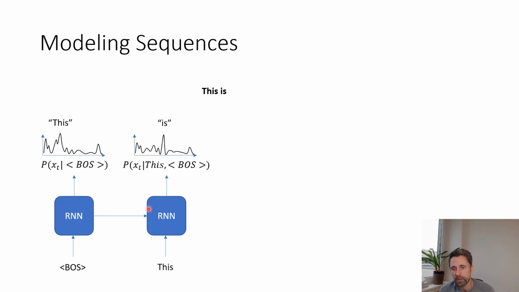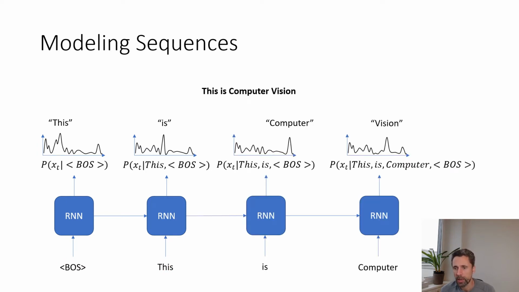And the good thing is now that the RNN has an internal state that represents all the words that came before the current input. So that approach is pretty common, so that in the end we have a model of the probability of one word given the history of words that came before.